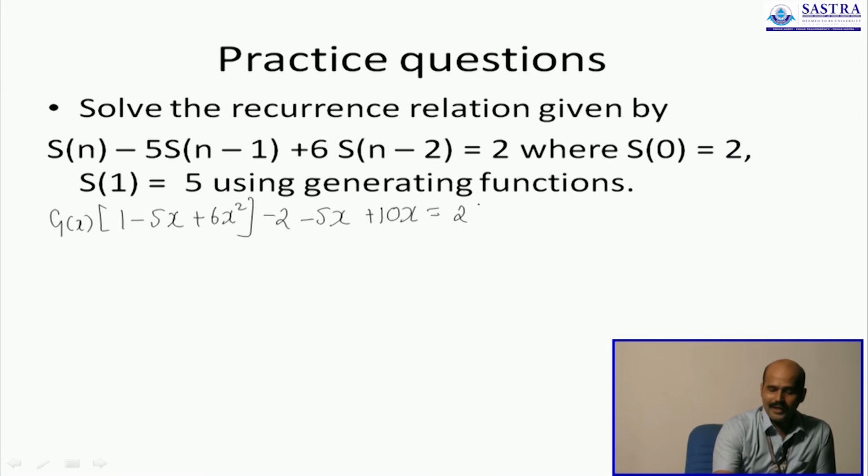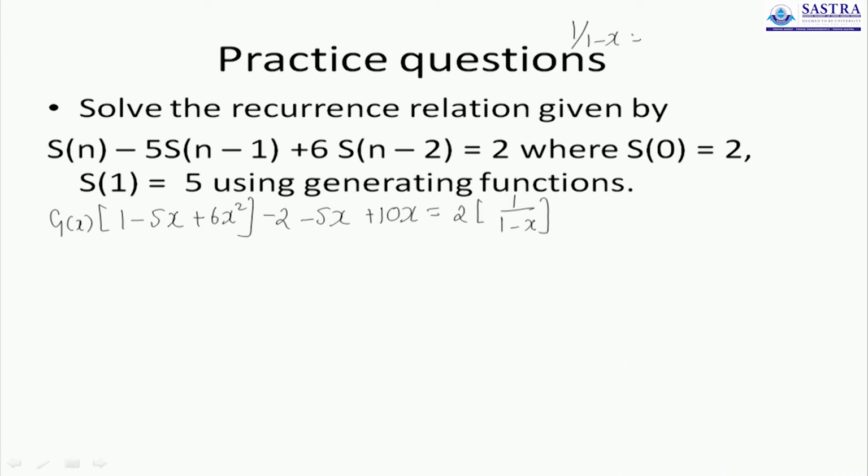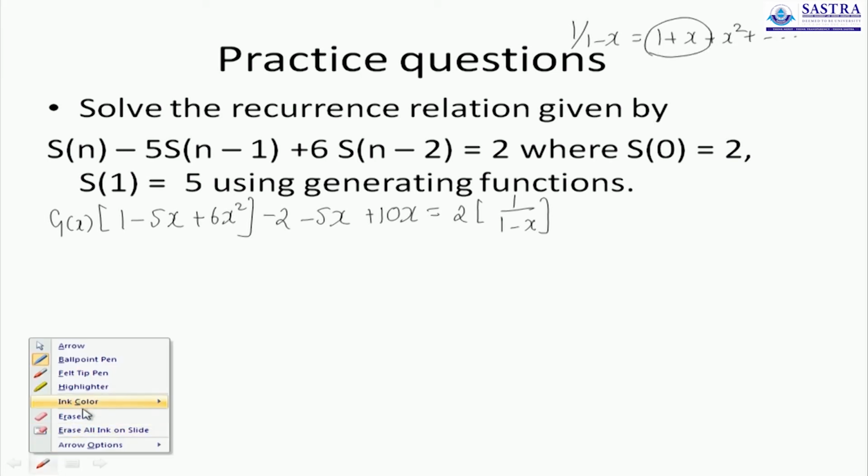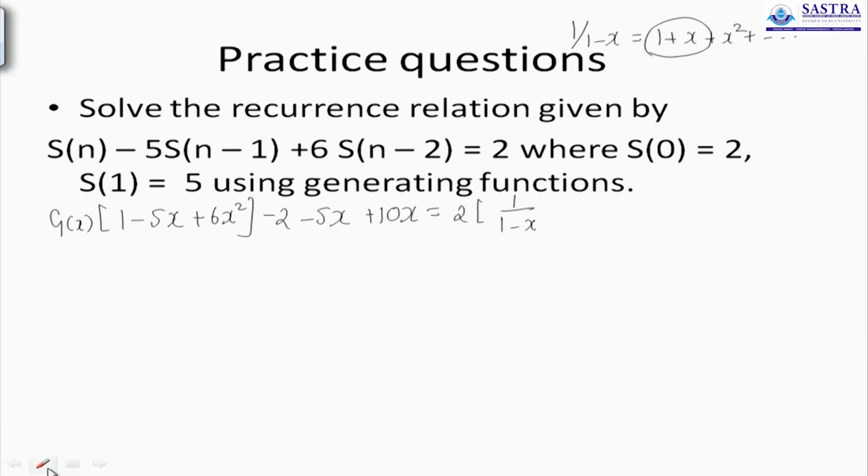If we have 1 and x, we can write it as 1 upon 1 minus x. So recall that 1 upon 1 minus x was 1 plus x plus x squared, etc. Since we don't have these, we can subtract them from this summation and write the expression on the RHS pretty easily. So that's 2 times 1 upon 1 minus x, from which we have already removed the first 2 terms.